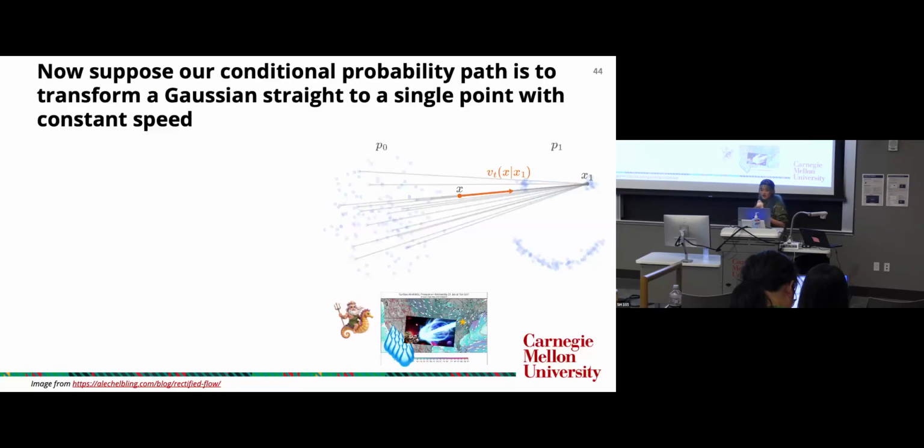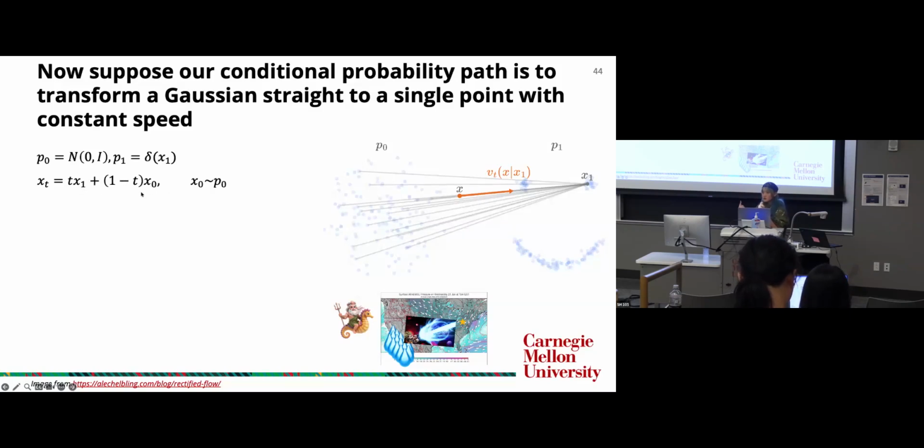Now let's look at the example that we have. Suppose our conditional probability path is to transform a standard normal Gaussian straight to a single point with constant speed. This is a conditional, so that's why we can have a single point here. What do we do? Well, we first have the endpoint distribution. Because we're transforming it straight to the point with constant speed, so just linearly, very straight, we can have a formula for each intermediate point as a linear combination of the data and the noise.